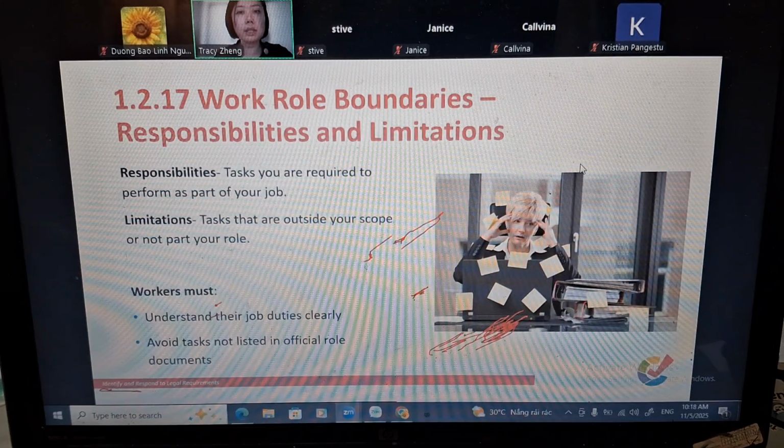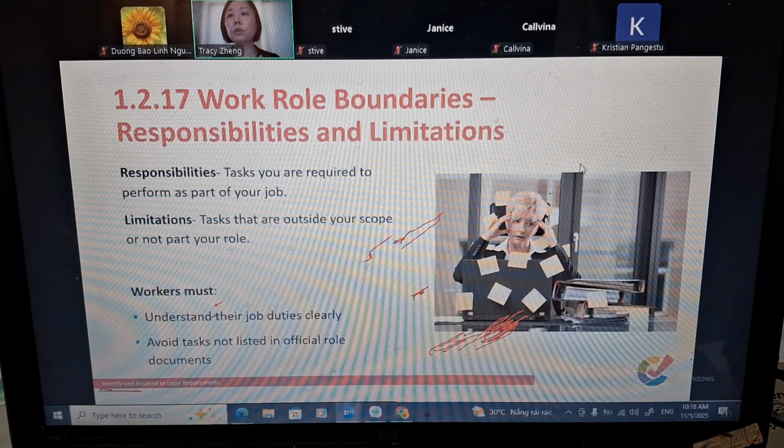And this slide is showing you a bit more about your work role boundary and responsibility. Responsibility means whatever we need to perform as part of our job, right? Whether as a care support worker, a registered nurse or even a receptionist, we're all holding our own responsibility.